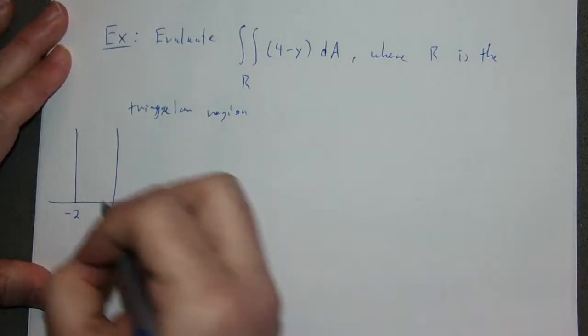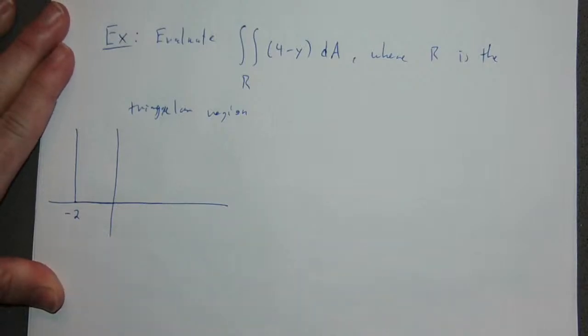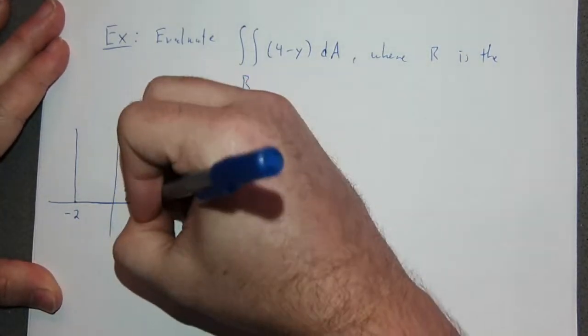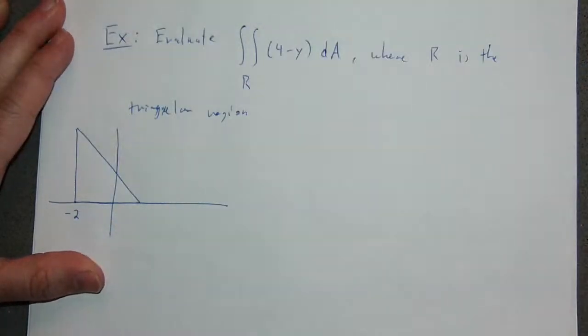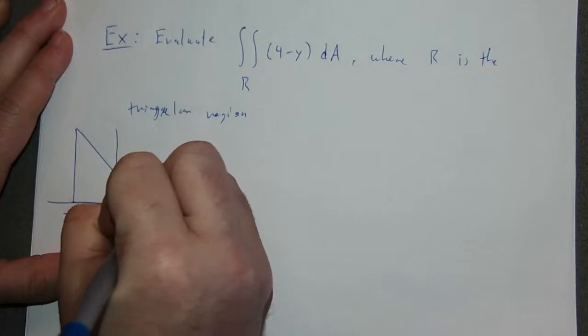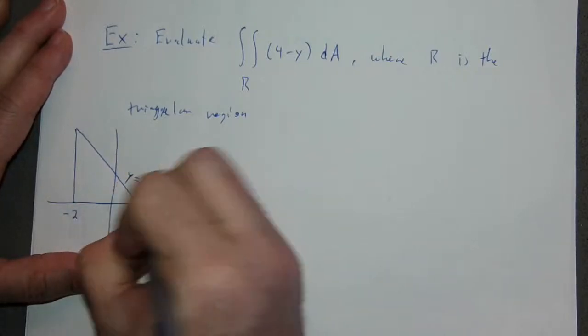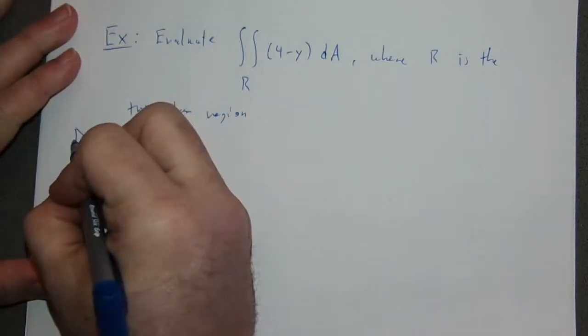The bottom of the triangle is the x-axis, and the bounding line here is the line y equals 1 minus x. Okay, so this is 1. Okay, so here's my triangular region R.